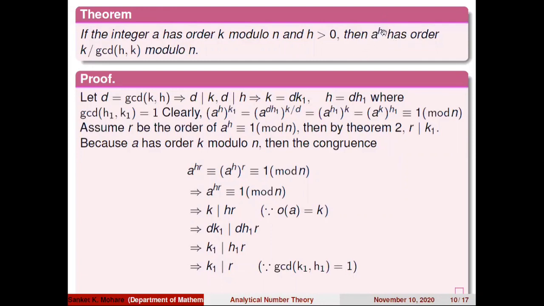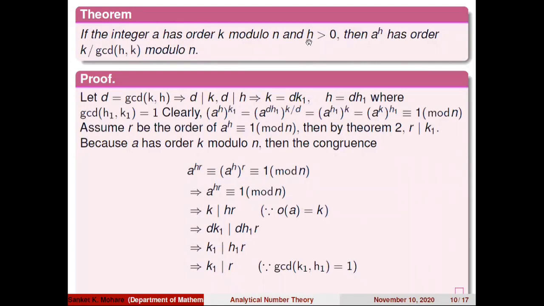So 2 to the power 6 has order k upon GCD of 6 comma k. Here k means the order of 2, which is 3. So 3 upon GCD of 3 comma 6 modulo 7. So this is the order of 2 to the power 6, which is 1.